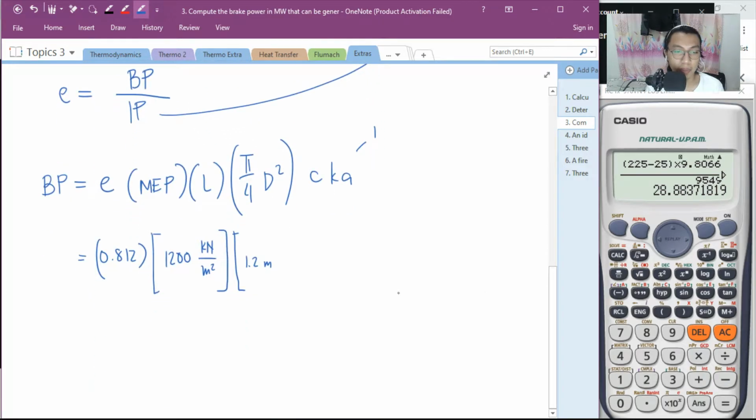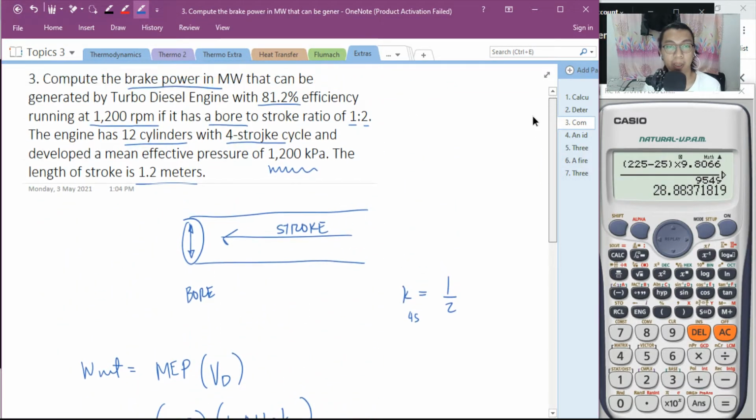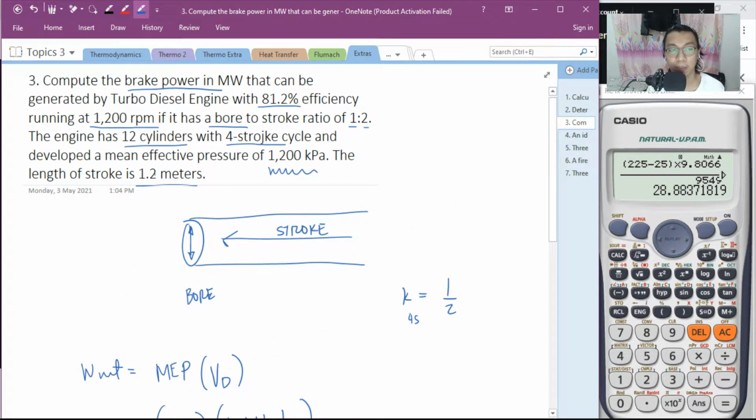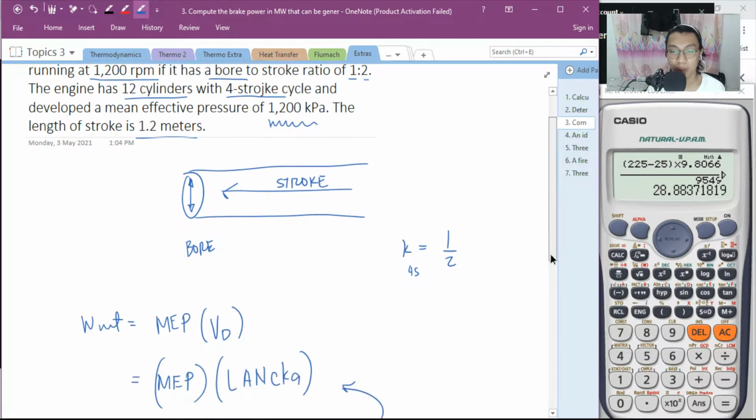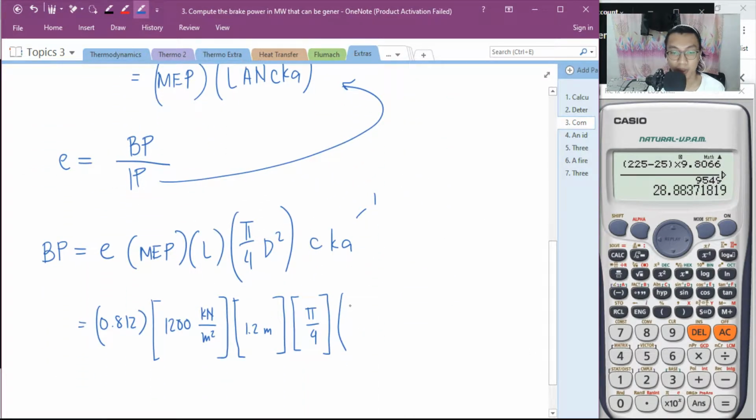Okay. So, yung bore mo is pi over 4 multiplied to yung D squared. Kaya lang, diameter ang binigay dito. Kalahati daw yung bore mo nung 1.2 meters. O ilan yun? Ay di 0.6 or 1.2 divide by 2 meters. And then, square mo. And then, C, number of cylinders is 12.